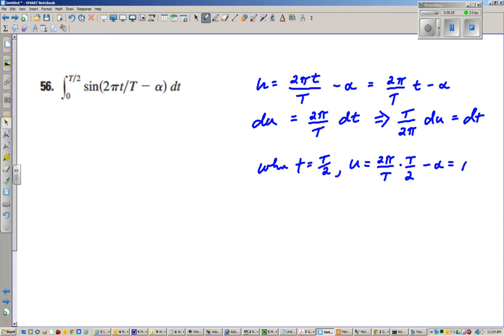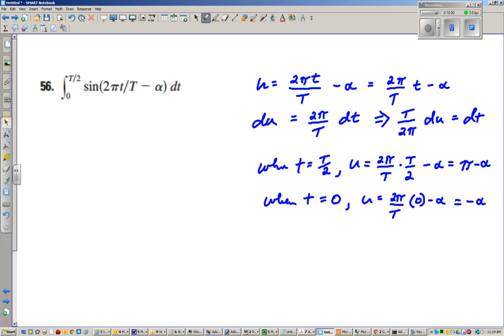Won't the 2's cross? Won't I be left with pi from the first term and a pi minus alpha? Isn't that my new upper limit when the problem is written in u? And similarly, my lower limit, when I put in 0 for the t problem, won't u equal 2 pi over T times 0 minus the alpha, and therefore 0 minus alpha is just a negative alpha.